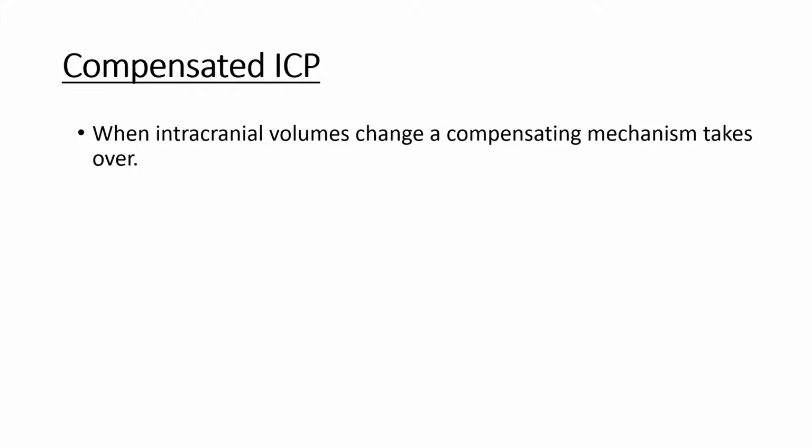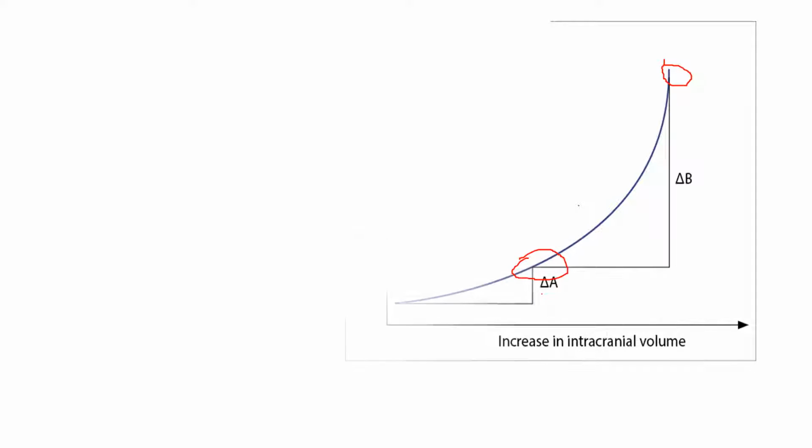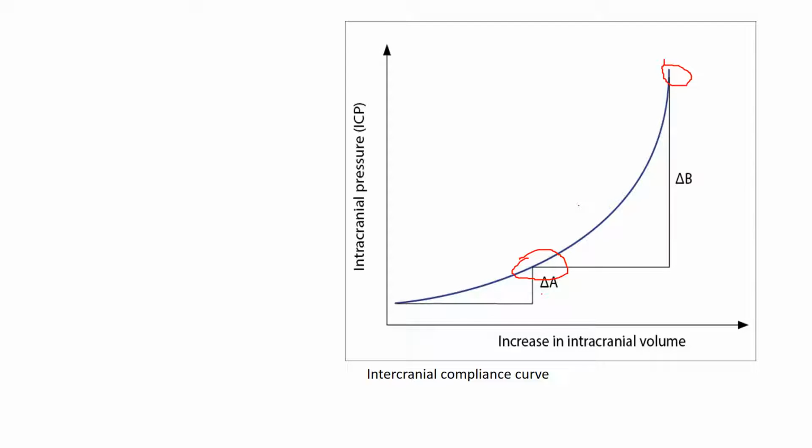So when intracranial volume changes, a compensating mechanism takes over. Compensation is limited by intracranial space occupied by fluid components. So this little diagram shows you the increase in intracranial volume against the intracranial pressure.